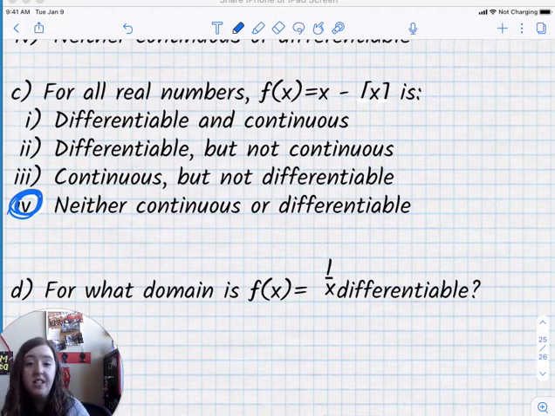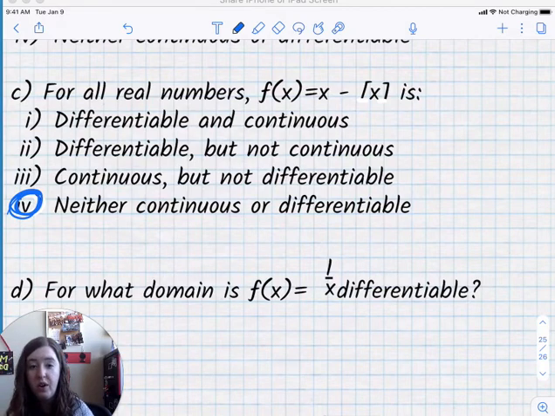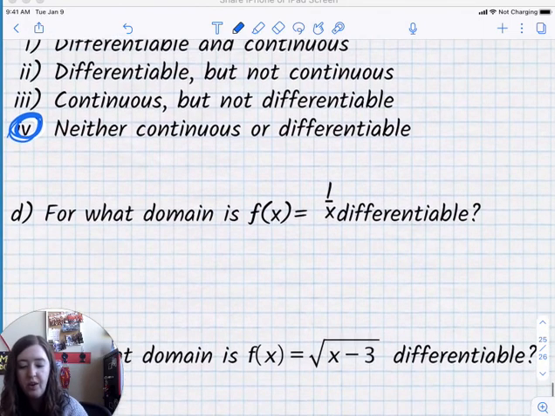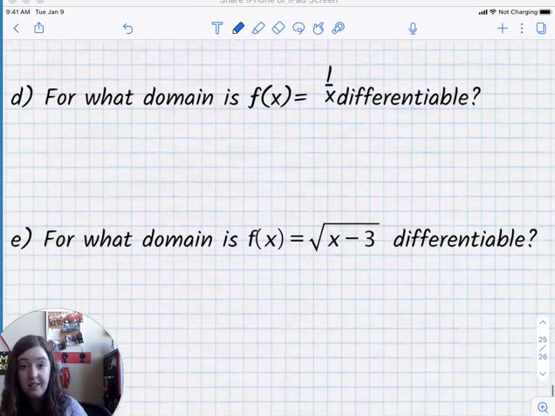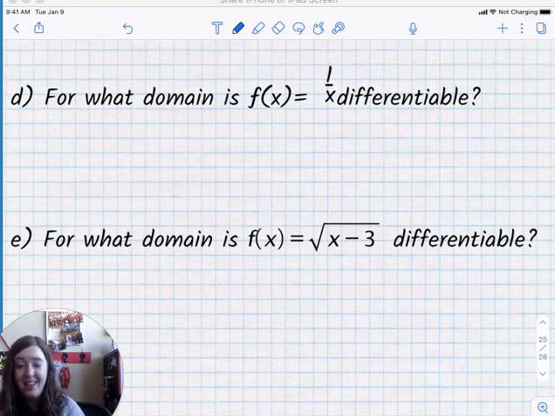So on this next one, we want to know for what domain is 1 over x differentiable. Well, let's think about this one. We have to know where it is continuous. Or another thing is, let's find out where it's not continuous. Let's find out where it's not differentiable.